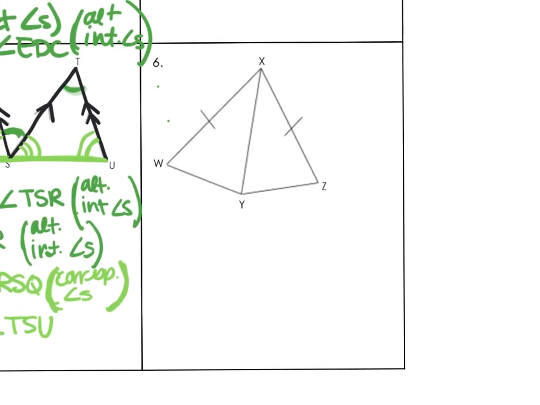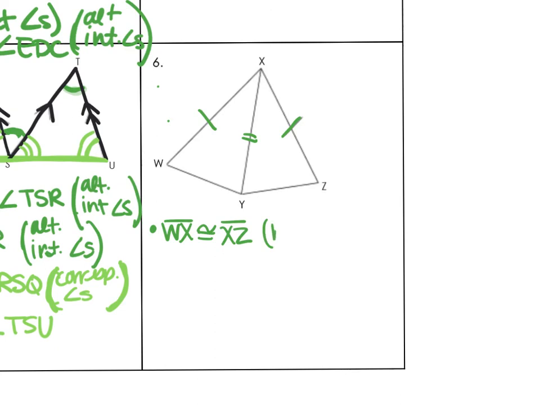Okay, last one here, number 6. So we already have something that is shown on here, so I'm going to simply state that. These 2 lines tell us that segment WX is congruent to segment XZ. Okay, and the other one we can use is they share this common side.